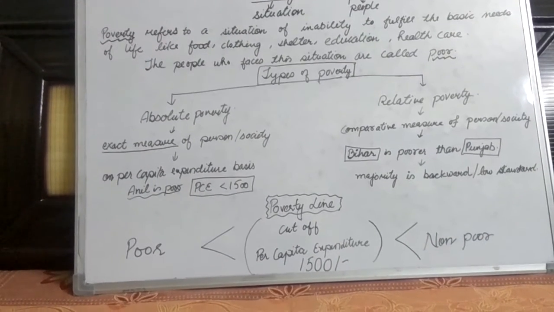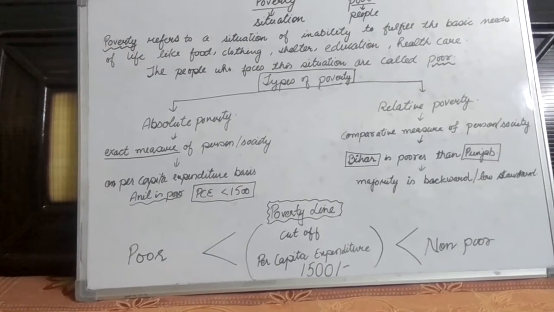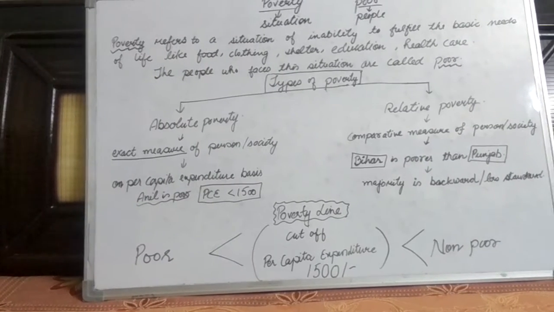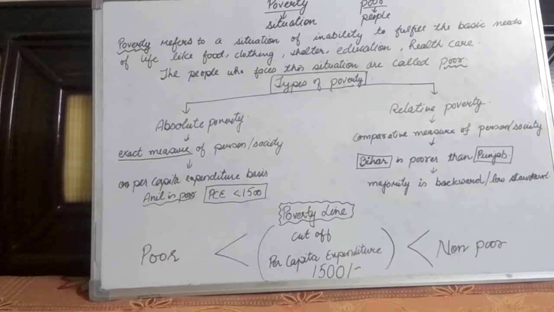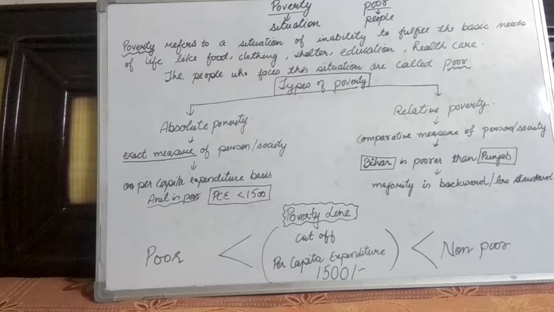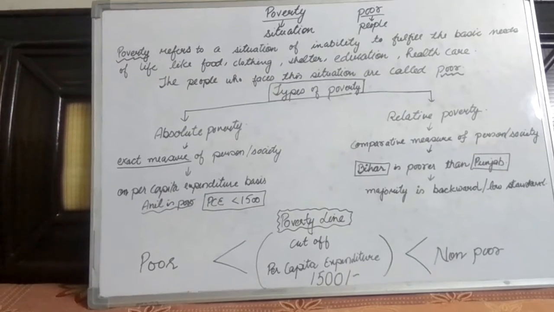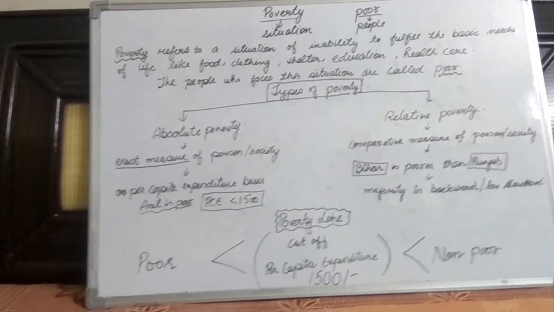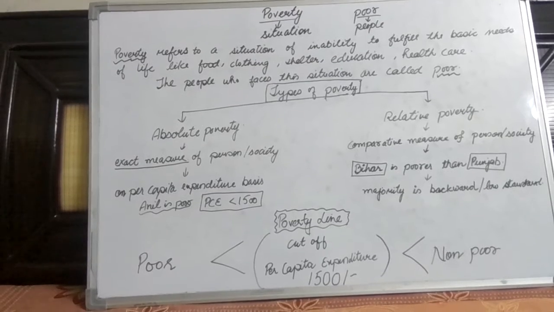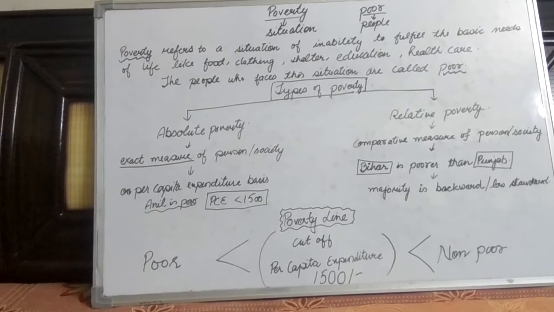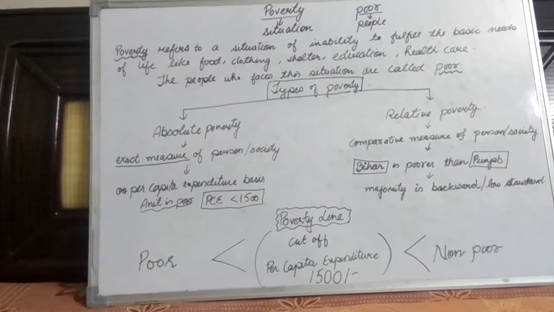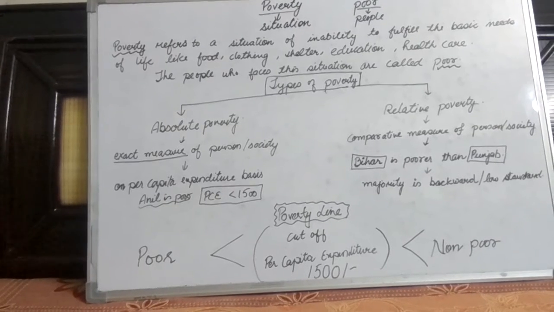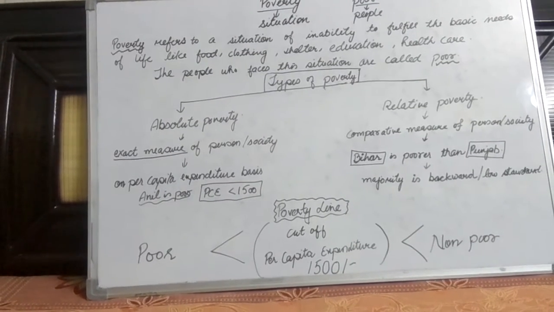So we have two types of poverty as given in your textbook. The very first is absolute poverty. It is termed as an exact measure of a person or society. It means whenever we measure a person or society on the basis of their per capita income, their per capita expenditure, or their standard of living, then we identify that person or society as poor or non-poor.